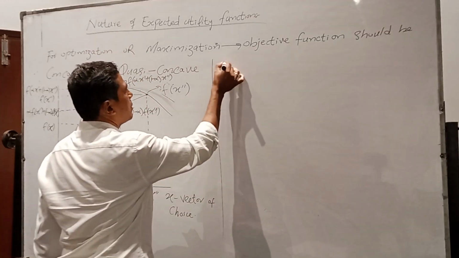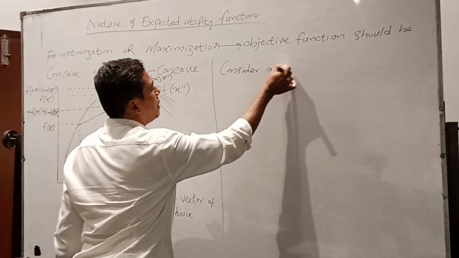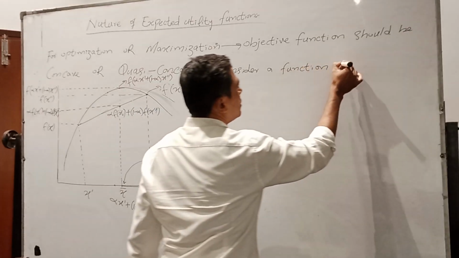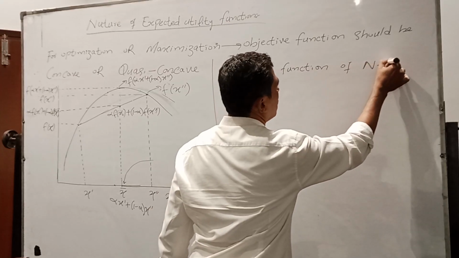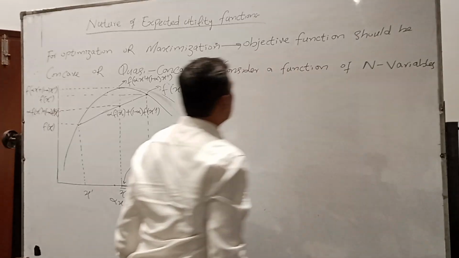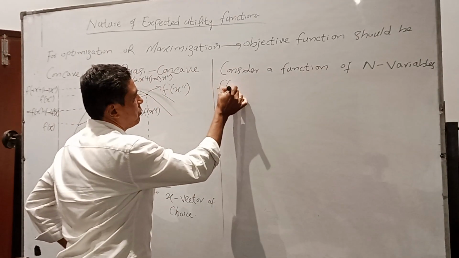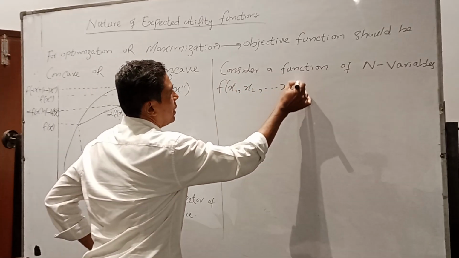Now, consider a function of n variables. Clear? That is f(x1, x2, ..., xn).